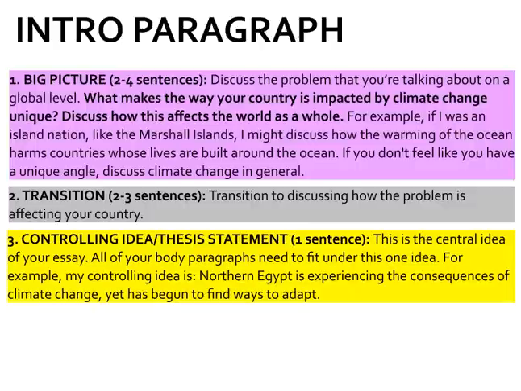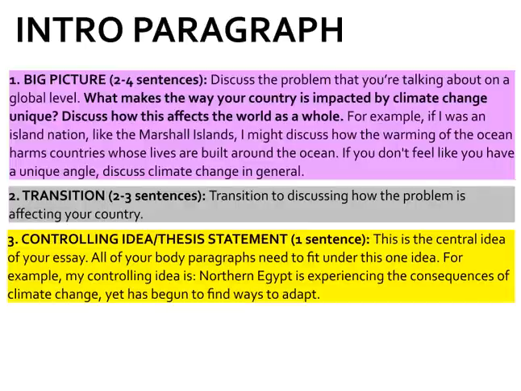So I'm going to start my introductory paragraph by talking about natural resources and how they're impacted by climate change around the globe. I'm not talking about Egypt yet. I'm talking about how natural resources are impacted throughout the world, around the globe.